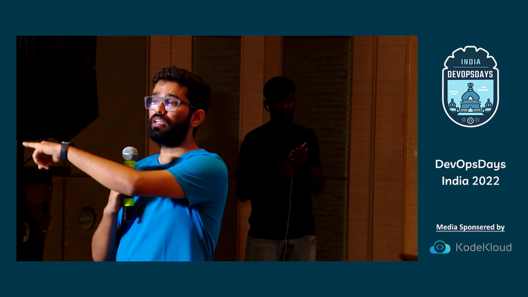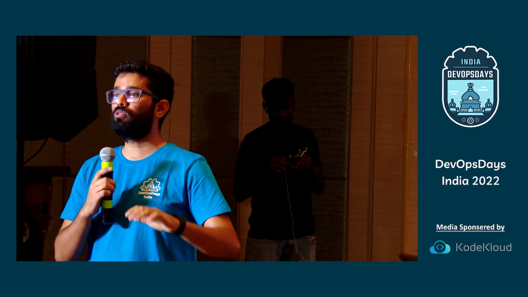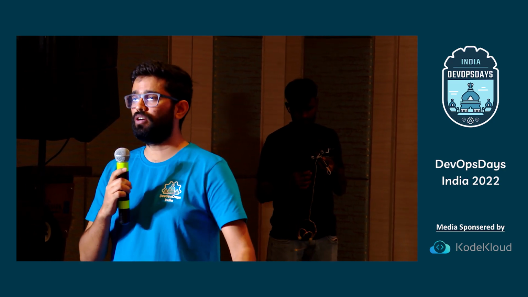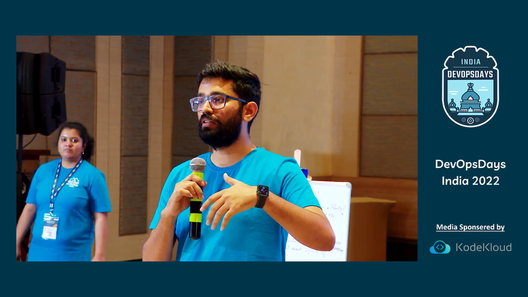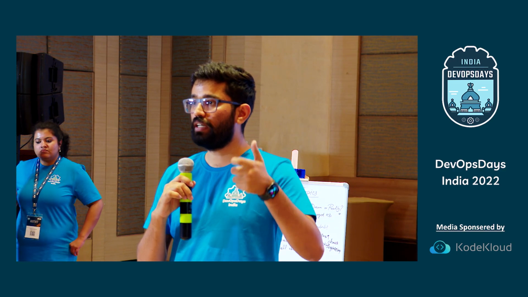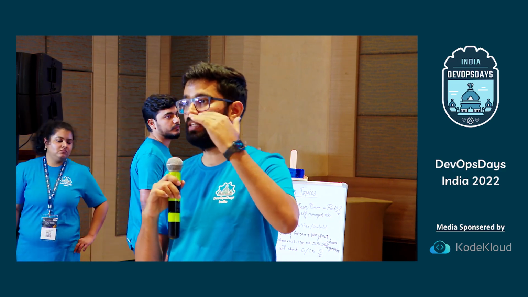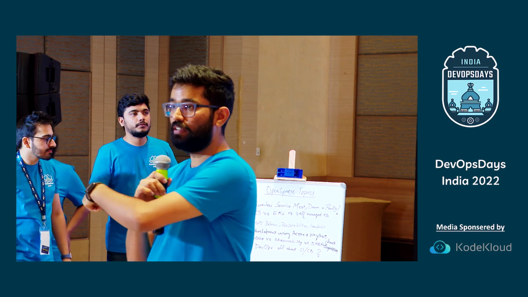The boards are outside. You're free to write your topics that you want to talk about around DevOps, SRE, anything around that area. The thing that we're going to do now is called open spaces. As I told you before, this is a format wherein people suggest topics that they want to discuss. This is the board we have here.